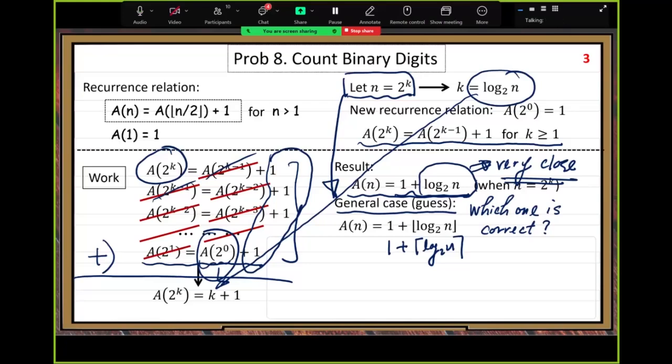How to find the odd one? Do you have any idea? A simple way to eliminate the wrong one.